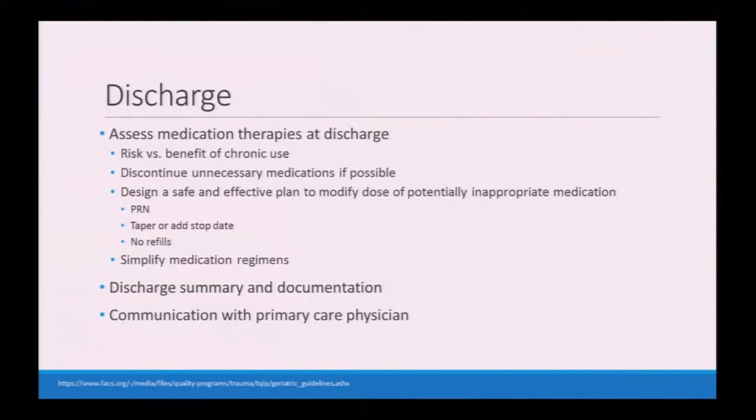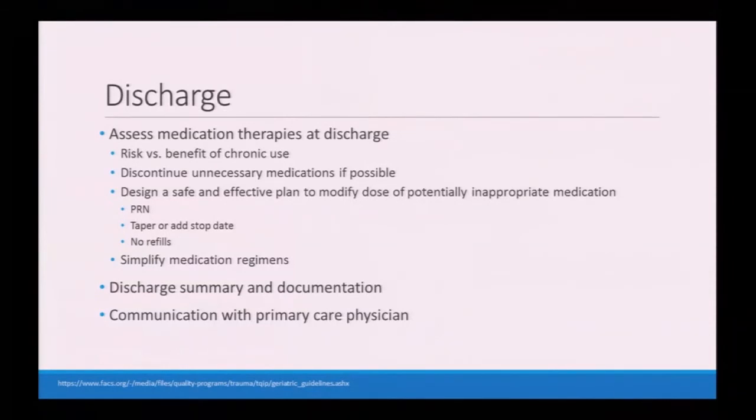So making certain medications PRN versus scheduled may decrease the likelihood of a patient taking a medication around the clock, or adding a taper or a stop date to the medication, or making the medication with no refills so that the patient has to have that medication addressed if they want more of it. Are ideas to consider.